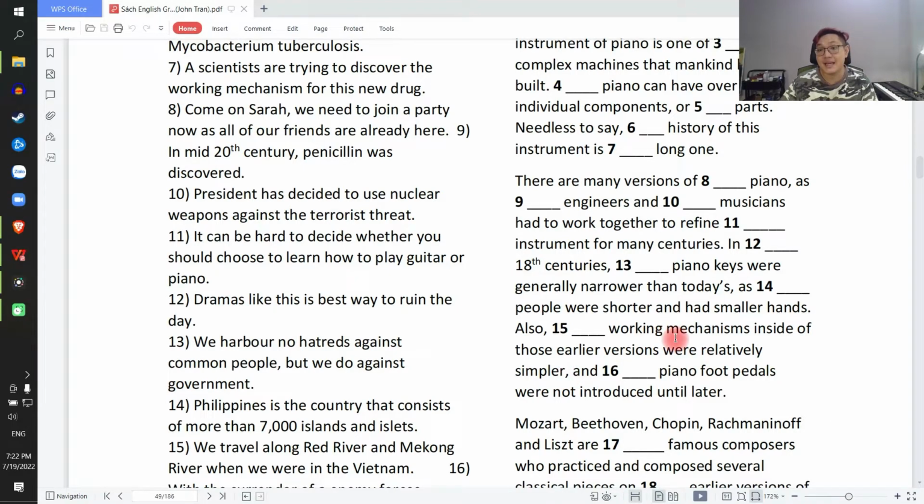The working mechanisms inside of those earlier versions were relatively, first syllable, relatively simpler. And the piano foot pedals were not introduced, first syllable, introduced until later.